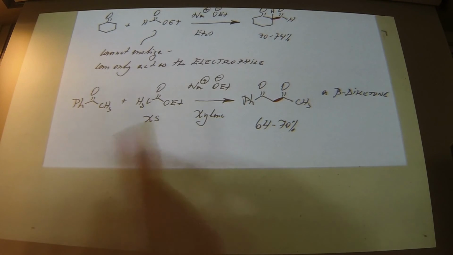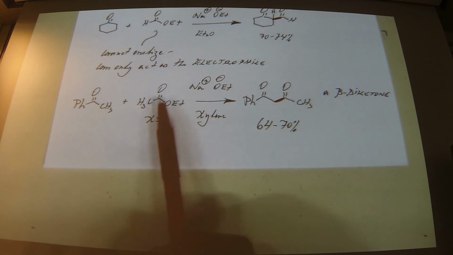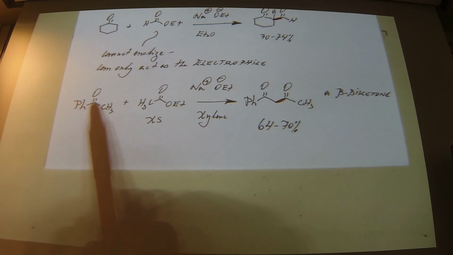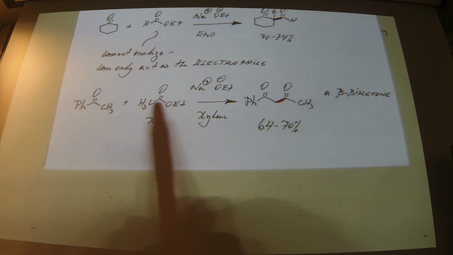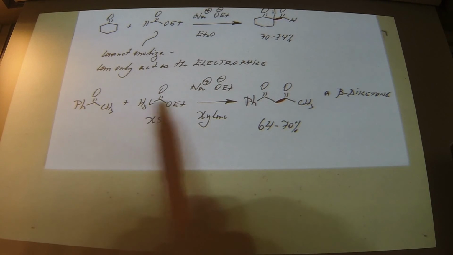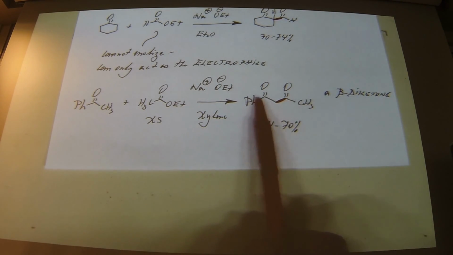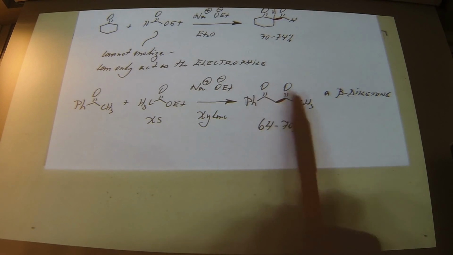But there are ways to get around the problem of this cross-Claisen by using an excess of the ester. So here's a ketone. Here's ethyl acetate, and if you use an excess, you still get very good yields of the beta diketone. Notice this is a diketone, not a ketoester.